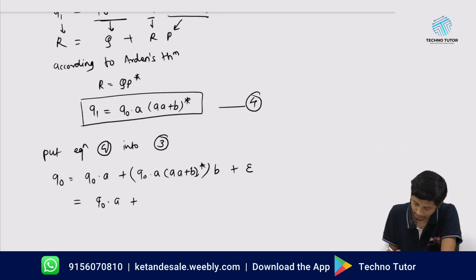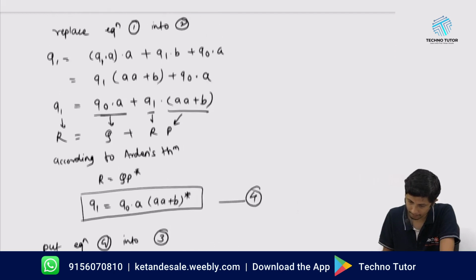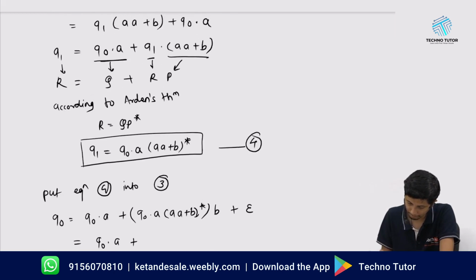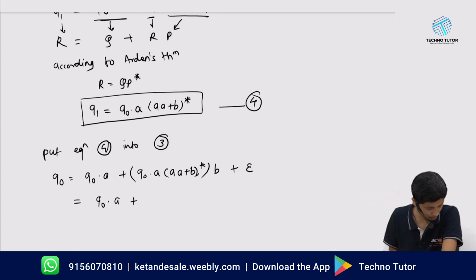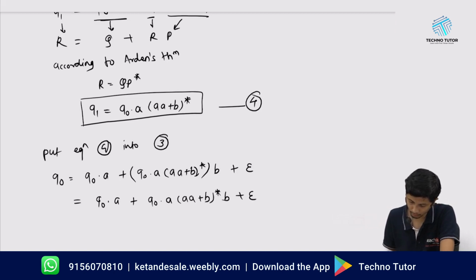Q0 A plus this Q1 B, we need to simplify it. So Q0 A plus B raised to star dot B plus epsilon.